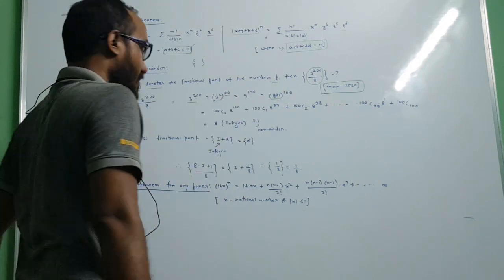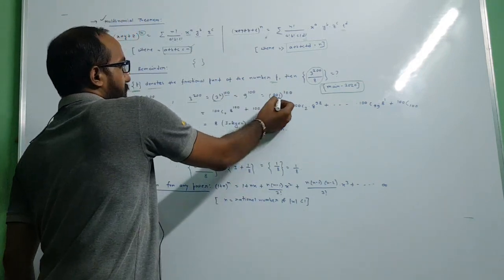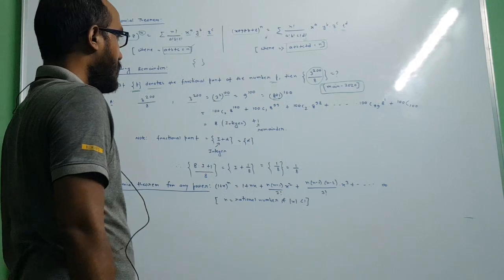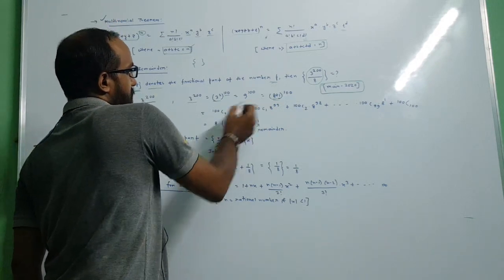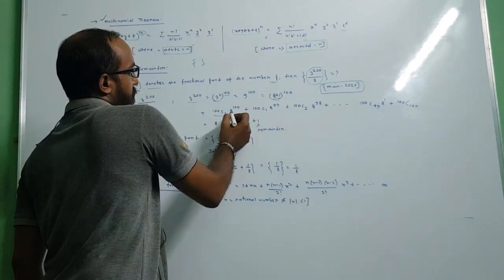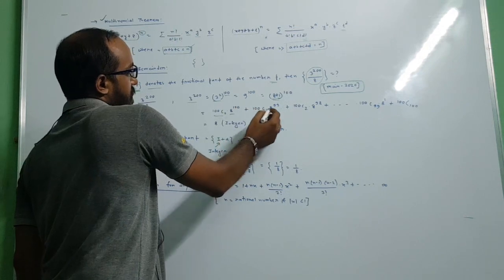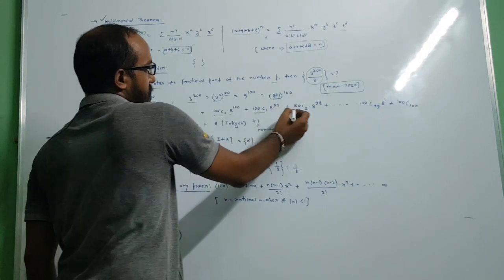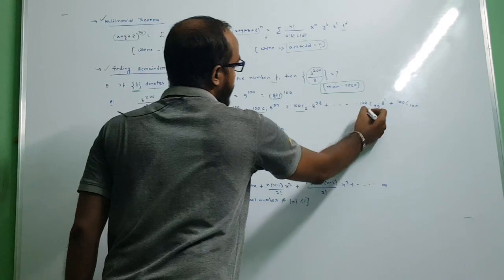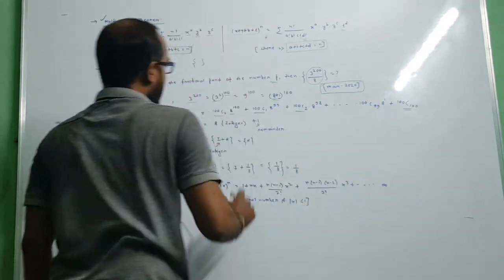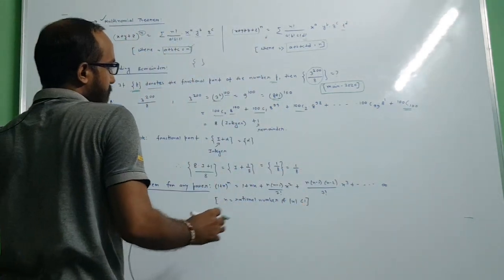Now apply binomial theorem. Here one term is 1, so nC0 x to the power n, nC1 x to the power n minus 1, nC2 x to the power n minus 2 up to nCn x to the power n minus n, that is 0.